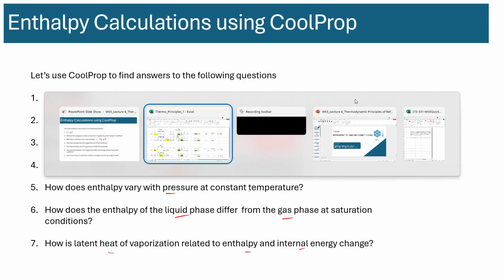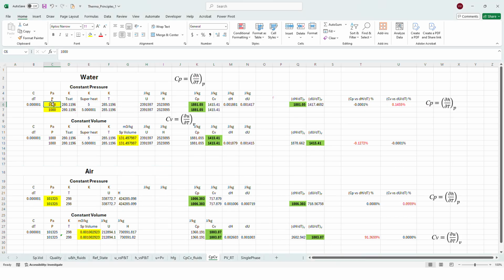All right, so for this particular case, we have water at this particular pressure and this particular temperature, which makes it a gas at that point, because I've raised the temperature from the saturation temperature by this much. And then what we are doing is finding the same values at a small temperature difference.